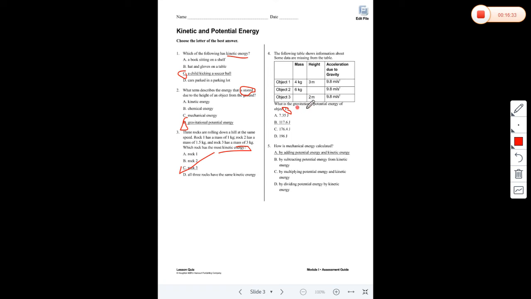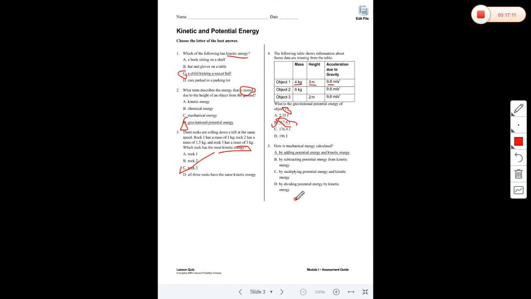To calculate the potential energy of object number 1, we have mass, we have height, we have gravity. So we will multiply 4 times 3 times 9.8. The result will be 117.6, and the measuring unit of energy, all energies, is joule. So the right choice is letter B.